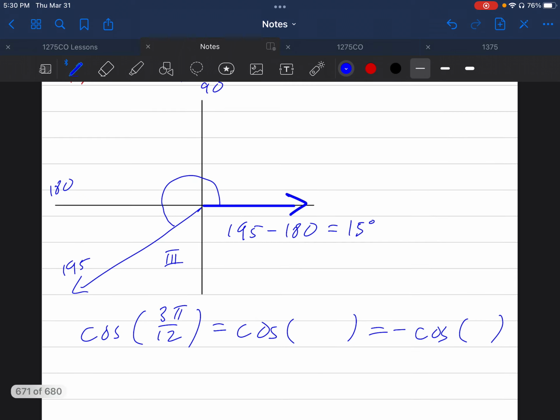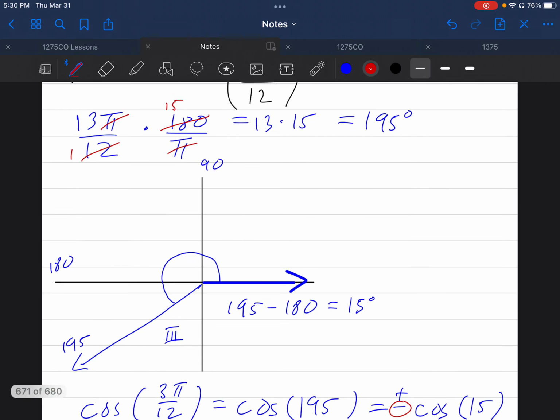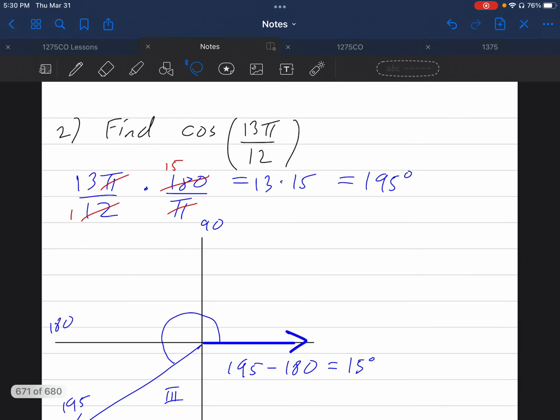So we have the cosine of 195 equal to the cosine of 15 made negative or positive. Quadrant 3, cosine is negative. So now we're looking at the negative cosine of 15 degrees as the answer to the cosine of 13 pi over 12.